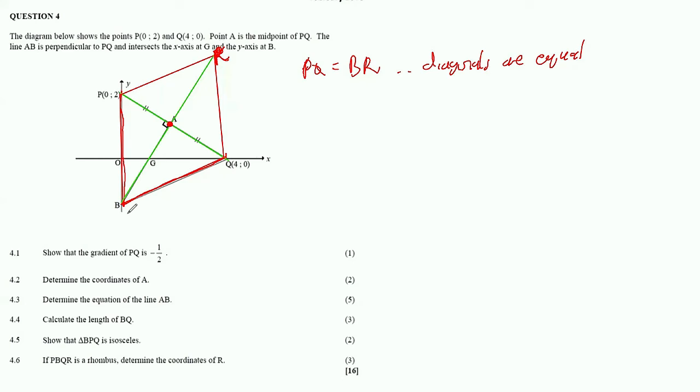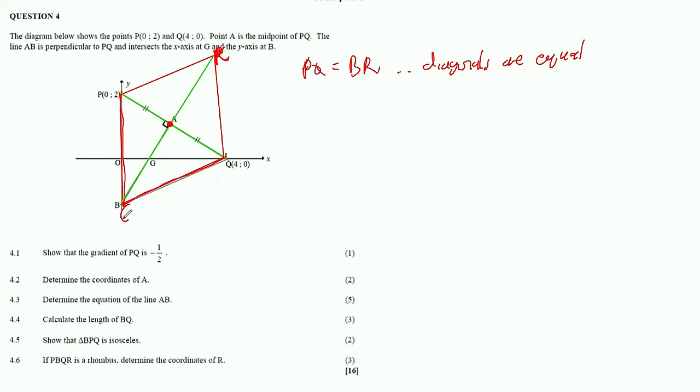Now, this question here is very important because this shows you another use of the midpoint formula. So we are used to using the midpoint formula to find the coordinates of the midpoint. But how do we use the midpoint formula if we do have the coordinates of the midpoint and we are looking for the coordinates that are not the midpoint?